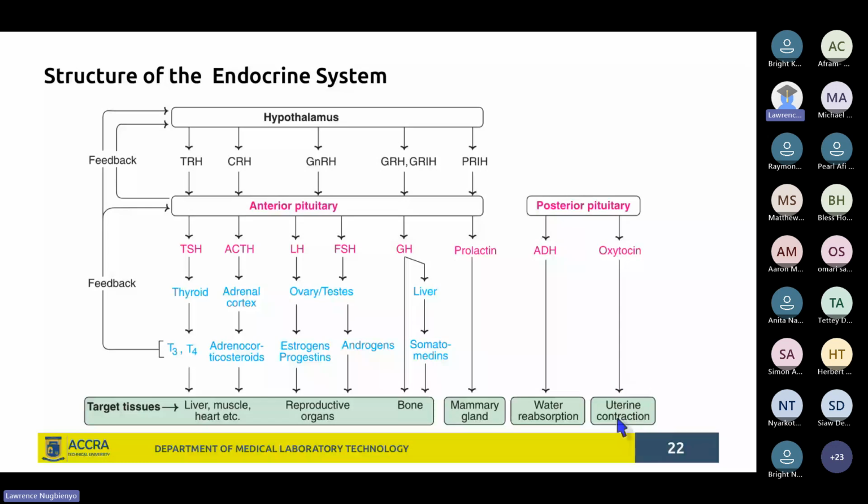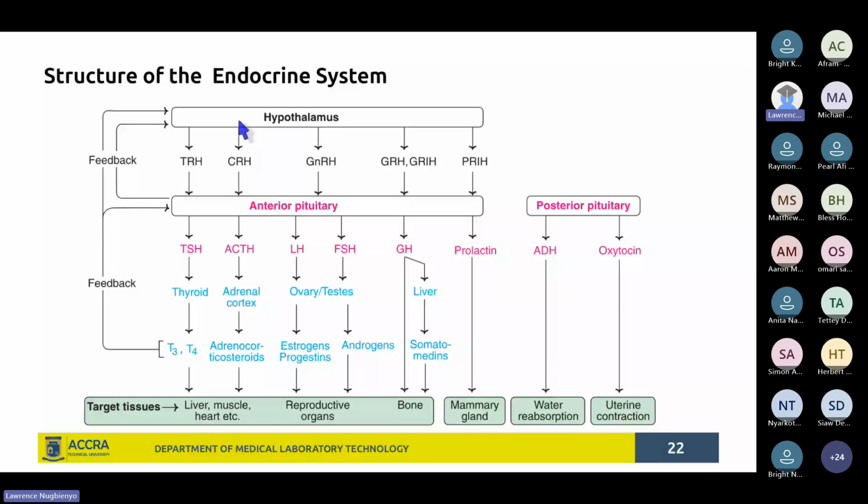Then generally you see that the hormones, after they are secreted in adequate amounts, act as inhibitors to the anterior pituitary. That is giving a feedback. So by feedback mechanism, the secretion of the hormones from the anterior pituitary and the hypothalamus are regulated.